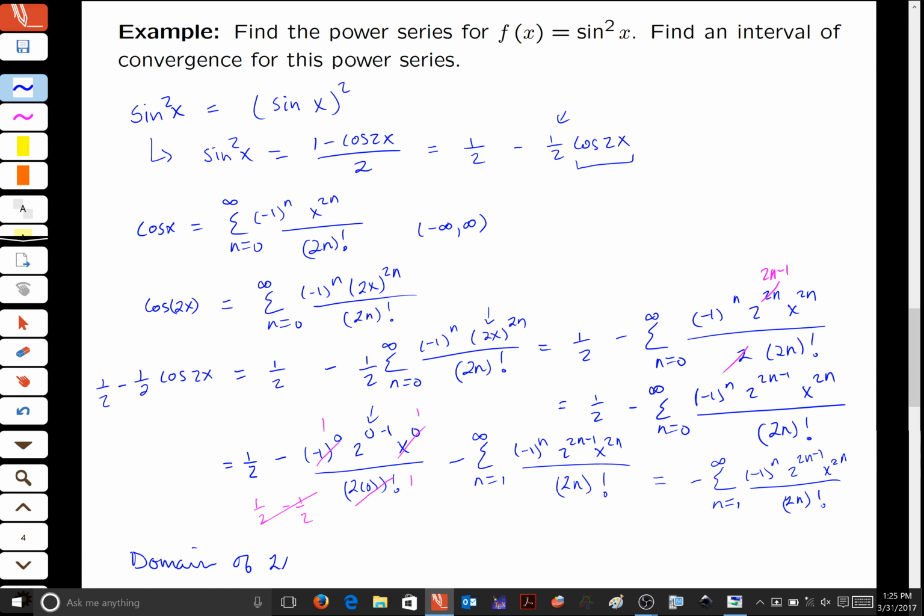The cosine x was minus infinity to infinity. Where is the overlap for minus infinity to infinity? All of it, minus infinity to infinity. So there's your answer. Right there. Any questions on that? Okay?